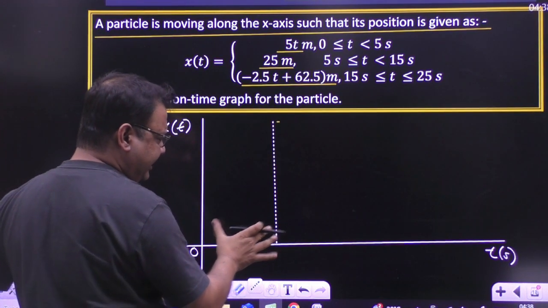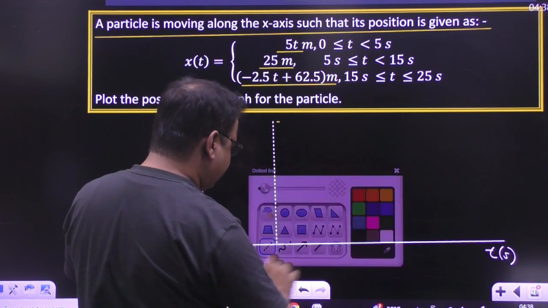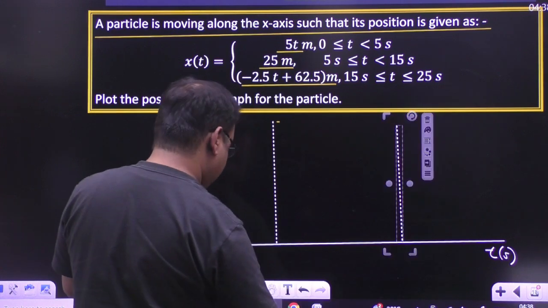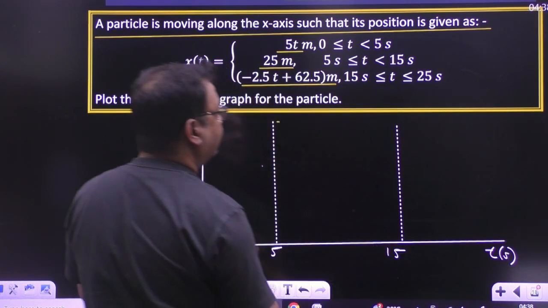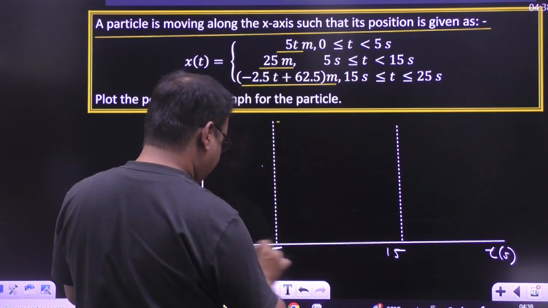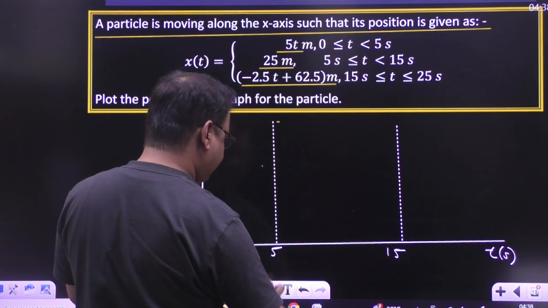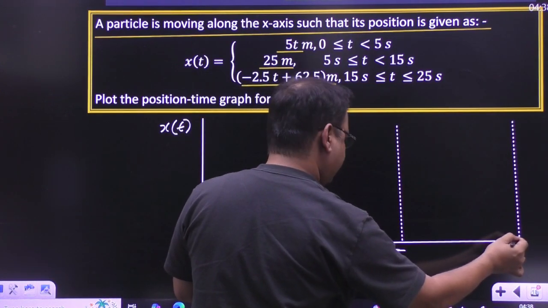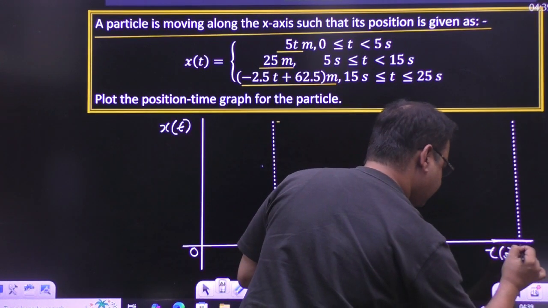So if 5 is something like this, and then I have to go from 5 to 15, so the gap would be double of this. So this is your 5, this is your 15, and then I have to go till 25. So this gap is 5, 5 to 15 is 10, and then again I have to go for a gap of 10. So this is 25.